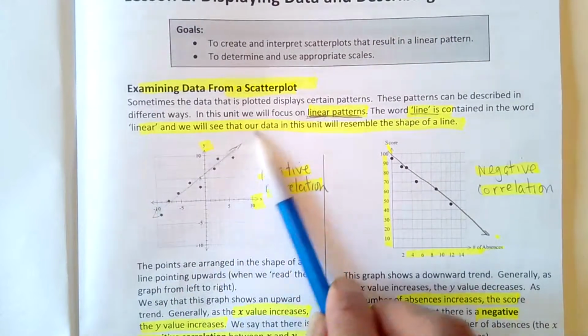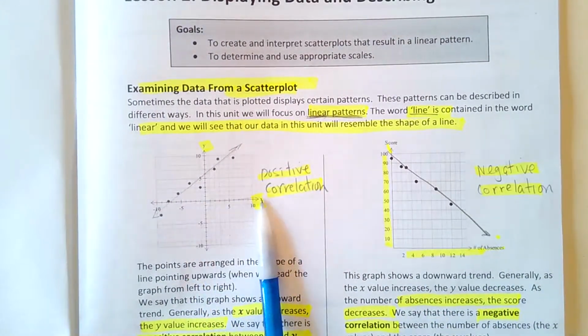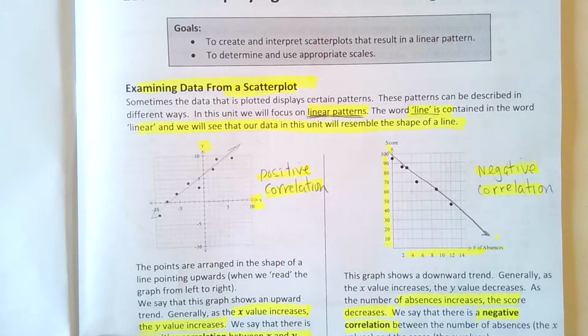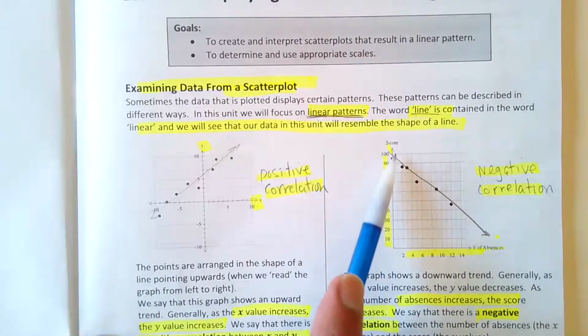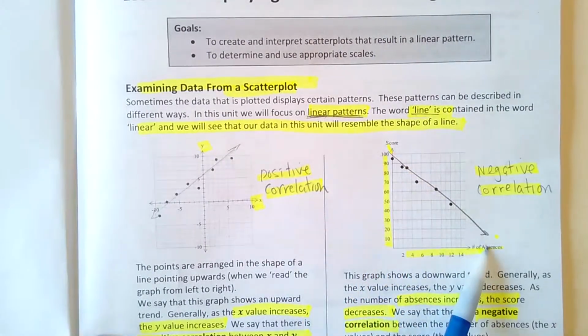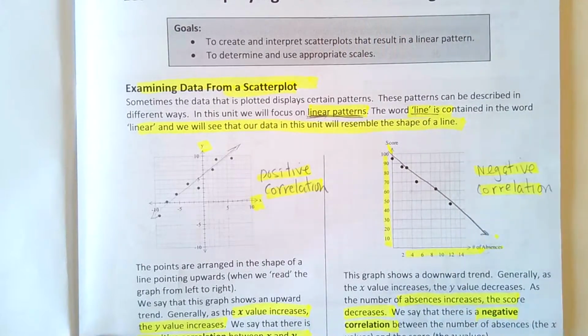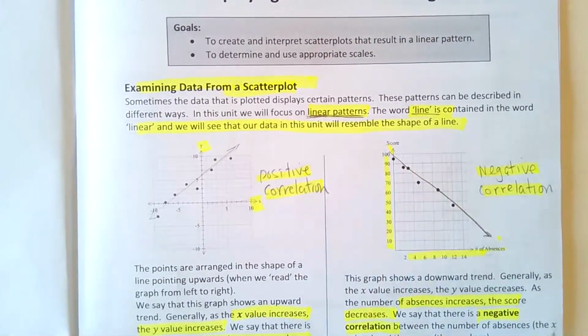If the trend is upwards, as you increase your x, you increase your y, we call that a positive correlation. If, on the other hand, the y value decreases as the x value increases, we say it's a negative correlation, or a downward trend.